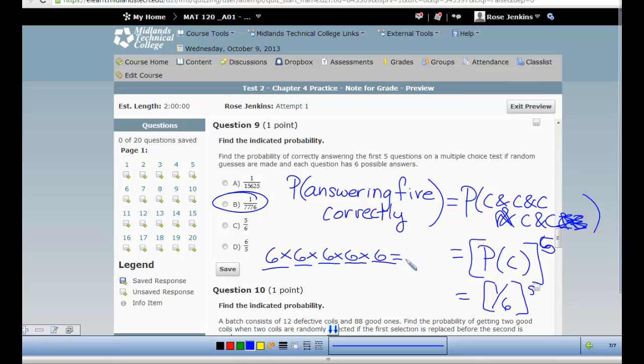Which would come up to 7,776. Is that what you got? Did you use the little house top right above the division key? 6 raised to the 5.